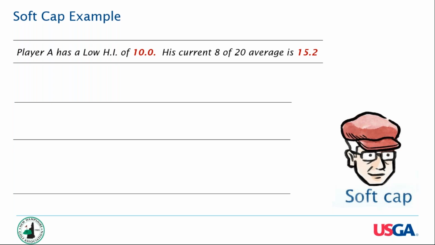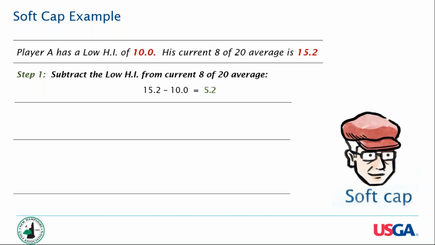A player has a low handicap index of 10. His current 8/20 average is 15.2 after posting his most recent score. Okay, so step 1, we subtract the low handicap index from the current 8/20 average. So 15.2 minus 10 gives us 5.2. Then we determine how much greater than 3 the result is.